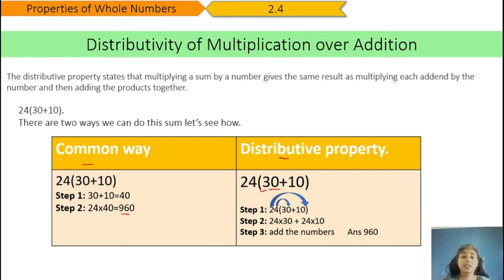And then we multiply 24 into 10. And we add both of the products together to get our final answer. Surprisingly, it's the same, 960. But remember, this only works with addition and multiplication, not with subtraction and division.